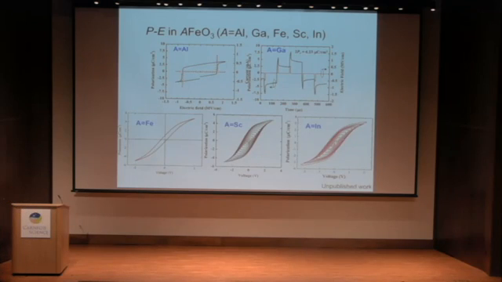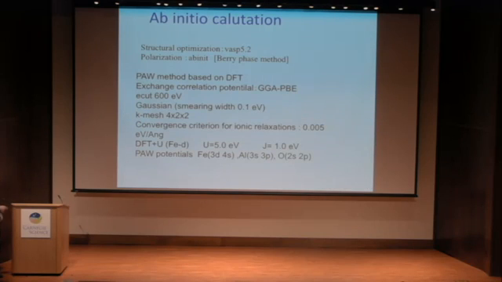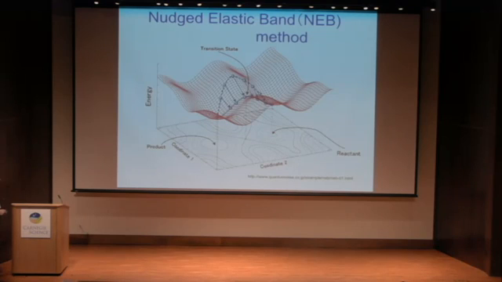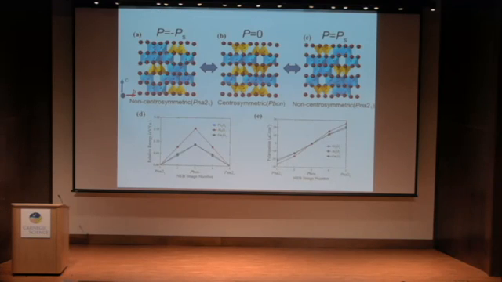After obtaining these results, we carried out ab initio calculations for this material. And this is the explanation for the polarization switching mechanism. The non-centrosymmetric Pna21, this is downward polarization, and this is upward polarization.